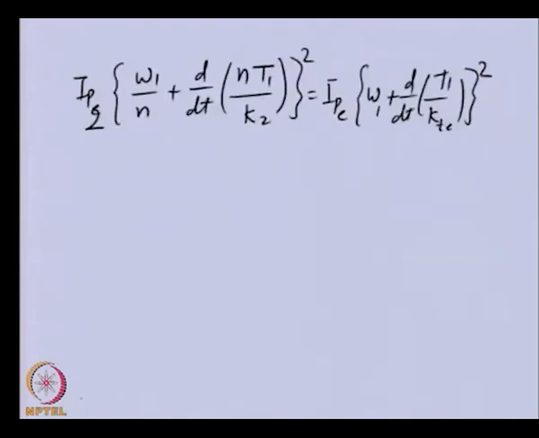Now you can see, once we take 1 by n common, we get I p 2.